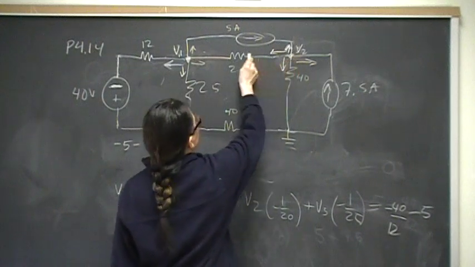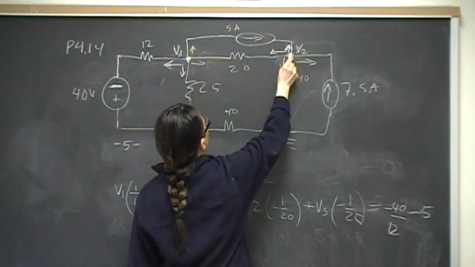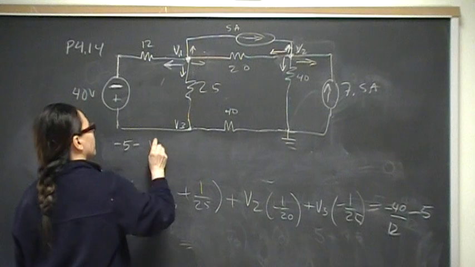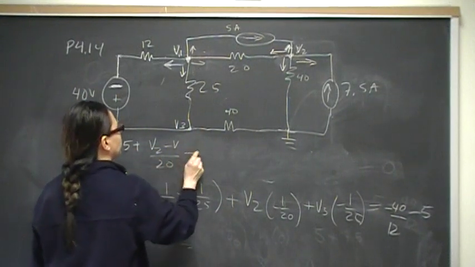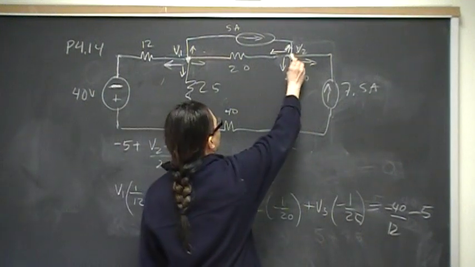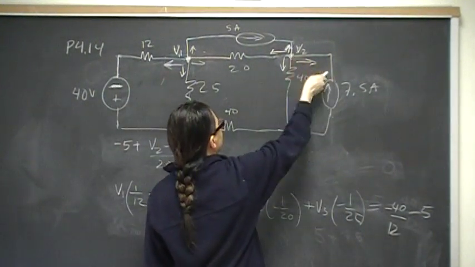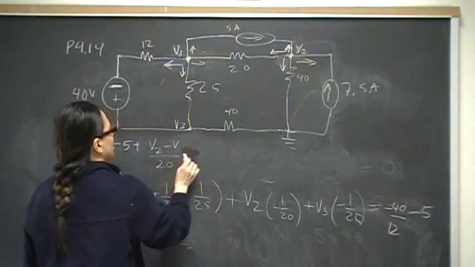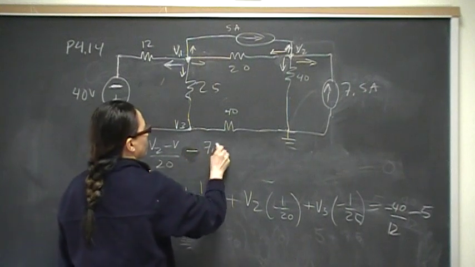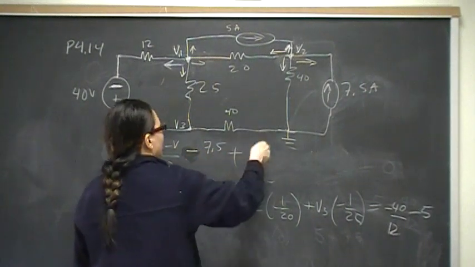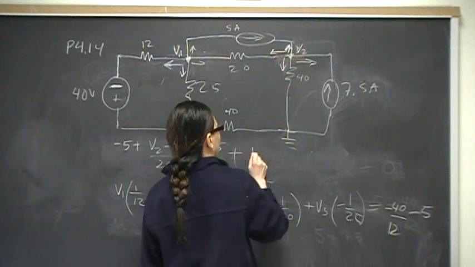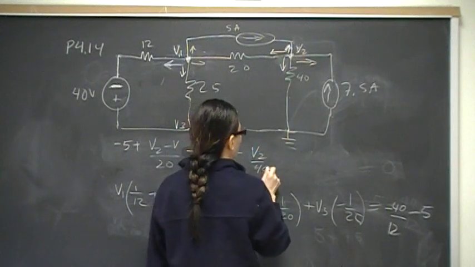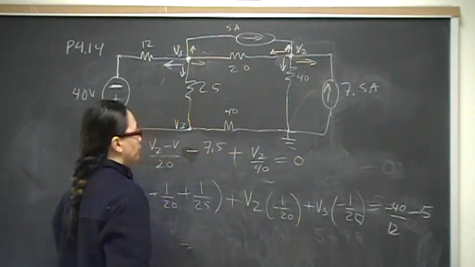This current here is going to be V2 minus V1 over 20. Here we have another current going into the node, so that's going to be minus 7.5 amps. And then the fourth branch current is going to be V2 over 40. That's going to equal 0.